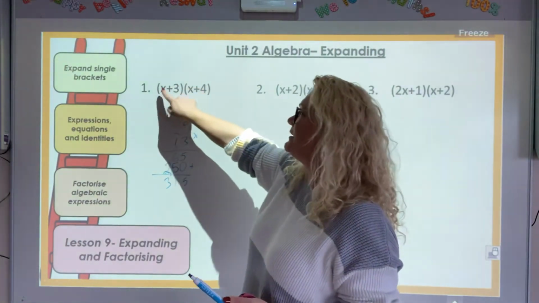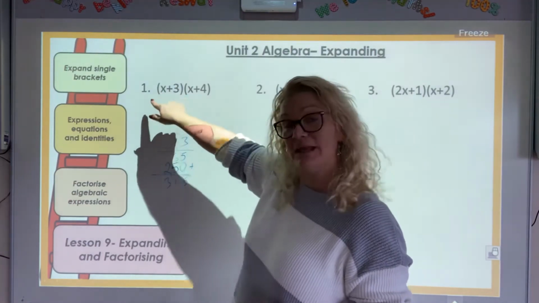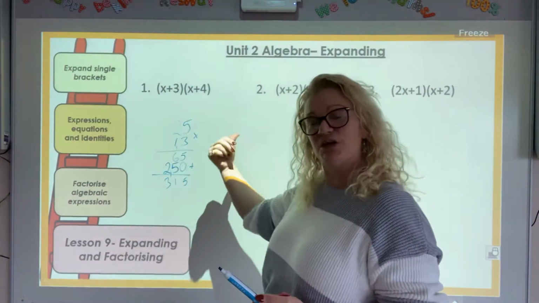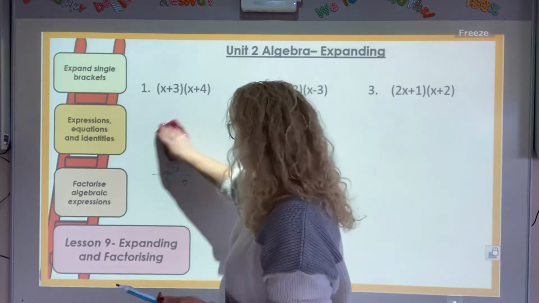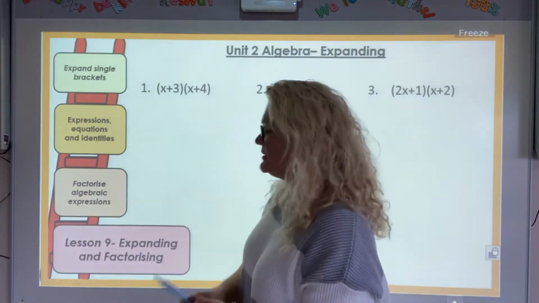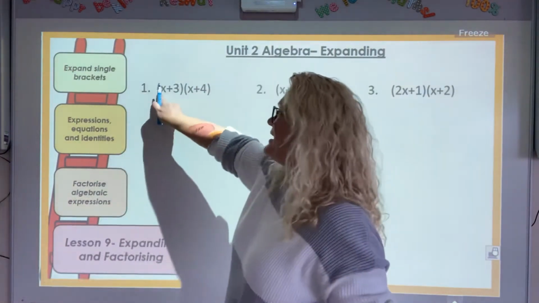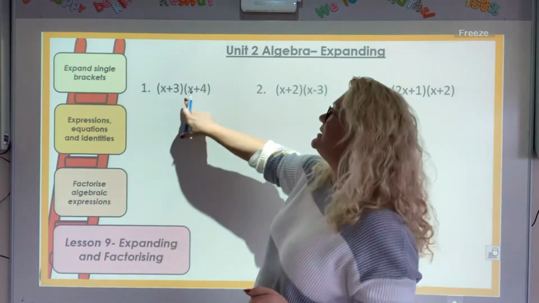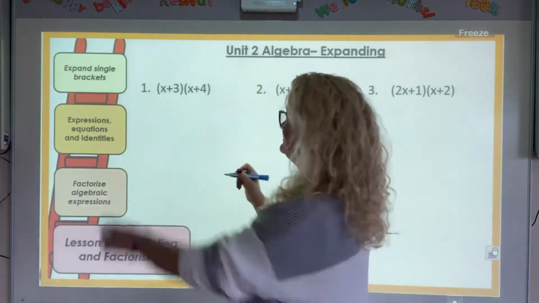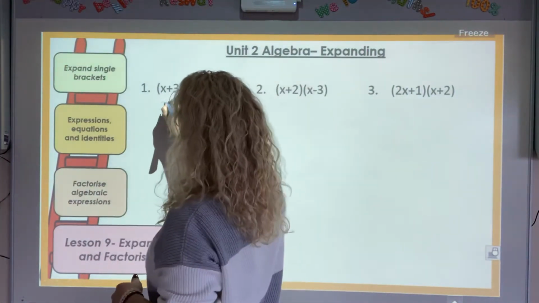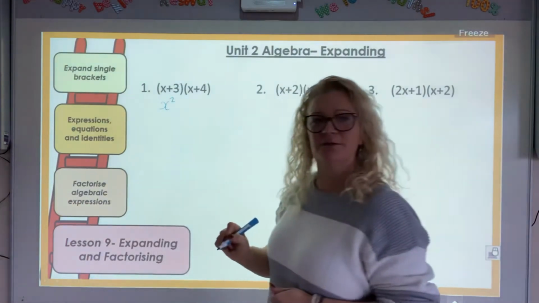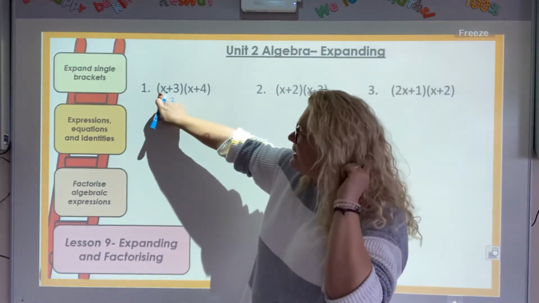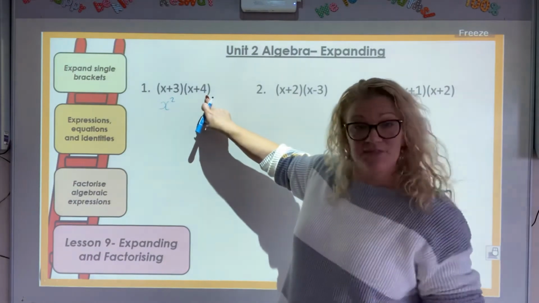We have to multiply each term in each bracket by each term in the other one. So our first term to multiply across then is going to be x in this bracket times the x in this one. x times x gives us x squared. Then we're going to multiply this x by the plus 4.